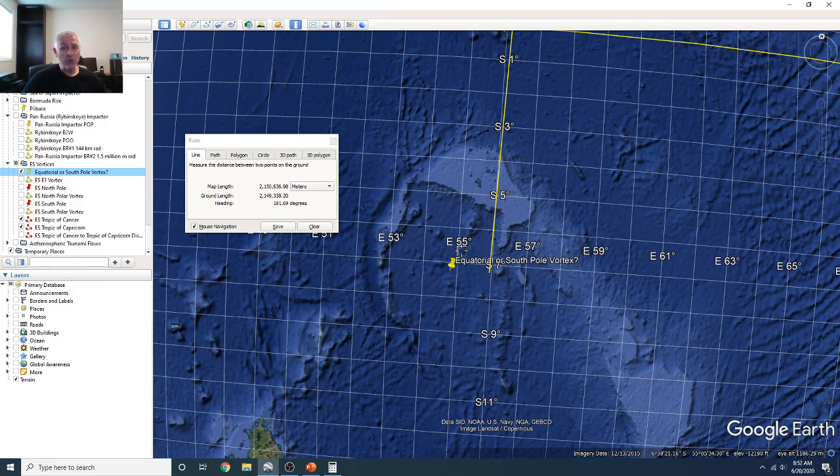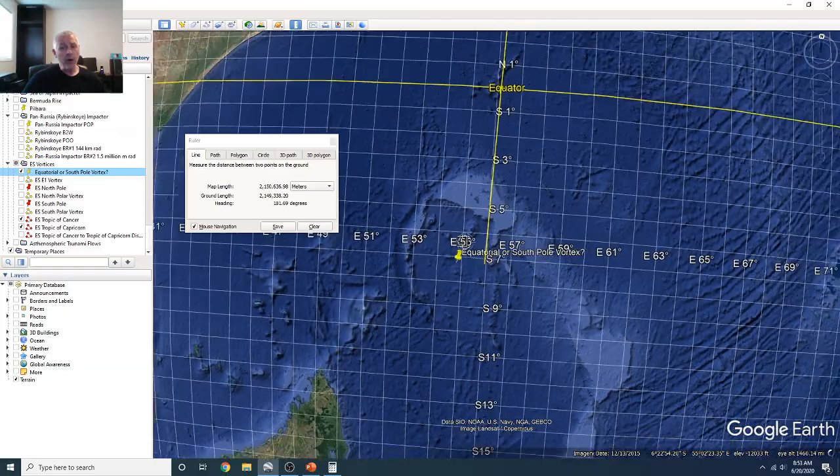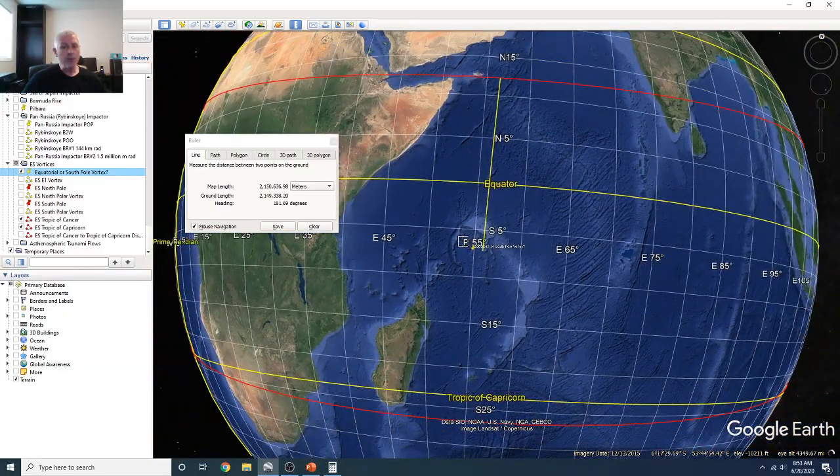Not much, but enough that the North Pole would become the driving force behind this vortex. How do you say that? This vortexes, because it's not one.